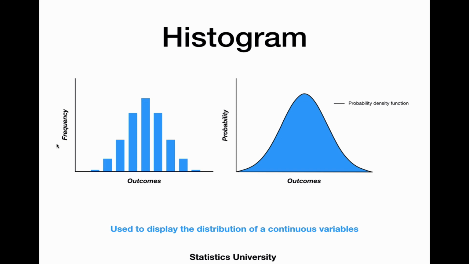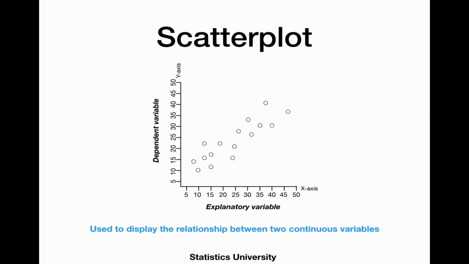And in this graph we look at frequencies, but we can also look at the probability of that outcome within all the observed values. And then you get a probability density function, which you can denote as a mathematical equation. And the area under this graph should be 1 or 100%.